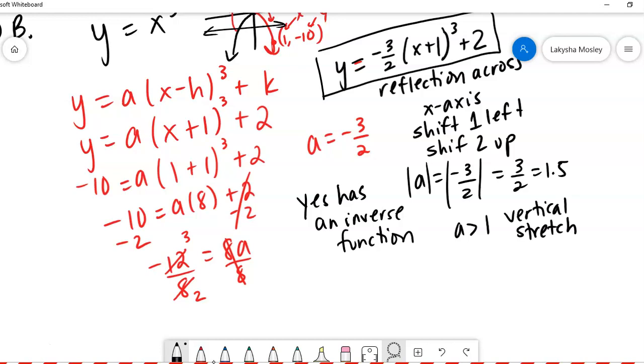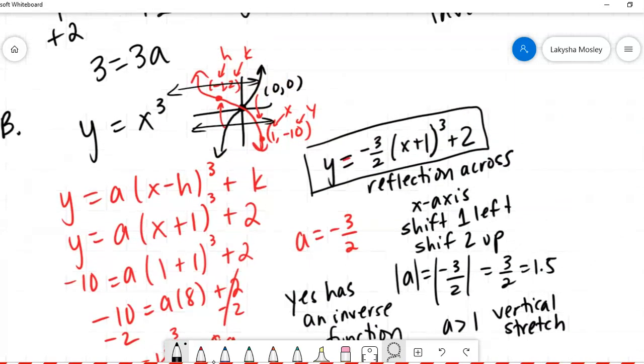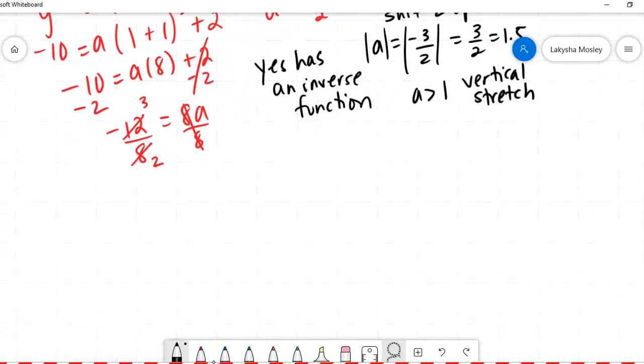And if they asked you how to give us that function that's the inverse, remember we would switch the x and the y, take our time and resolve for y, and that would be the answer. Another good thing you could do is take those points that are on the red line and switch them, b comma a instead of a comma b, and then that will give you the inverse as well.